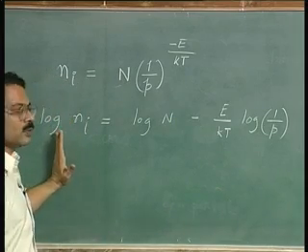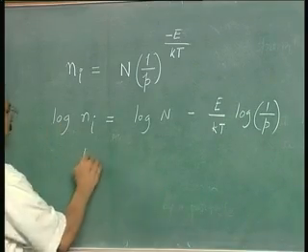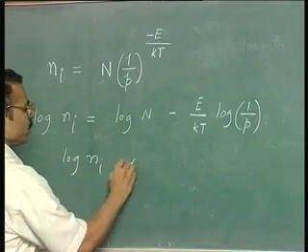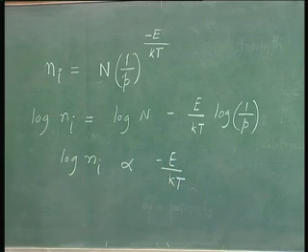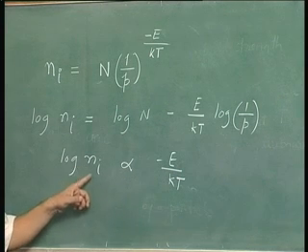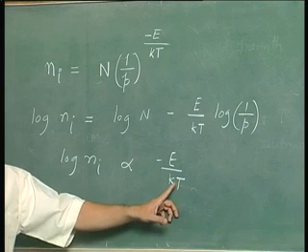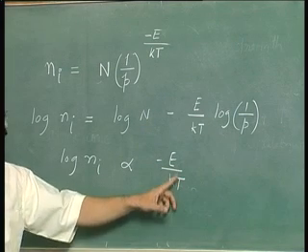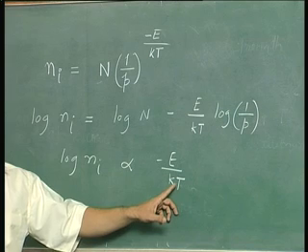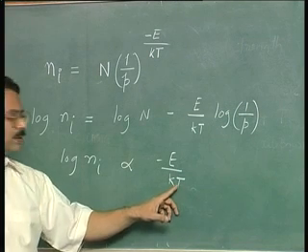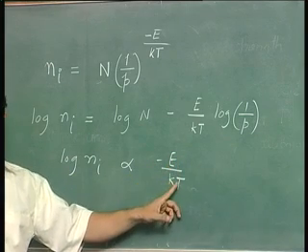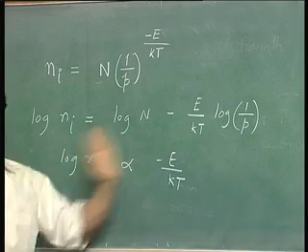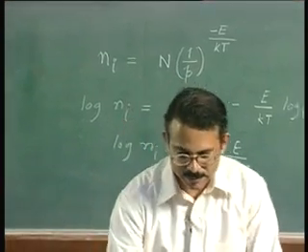So according to this, log Ni is proportional to minus E by kT. Therefore if you plot Ni on a log scale on the y axis and 1 by T, or reciprocal of temperature, on the x axis, then I will get a straight line. This is exactly what this slide shows.